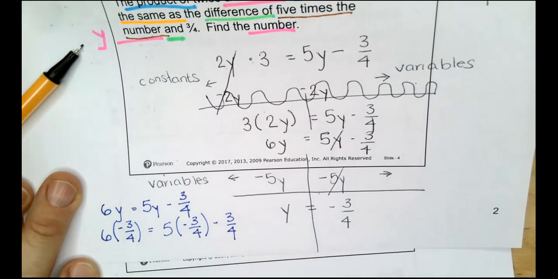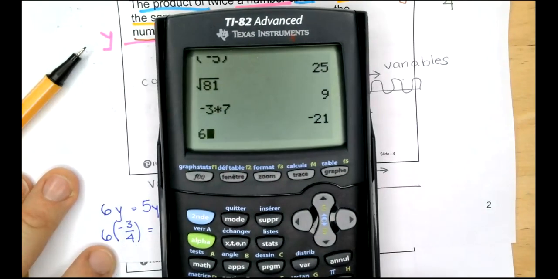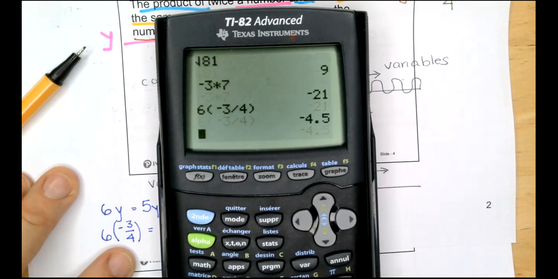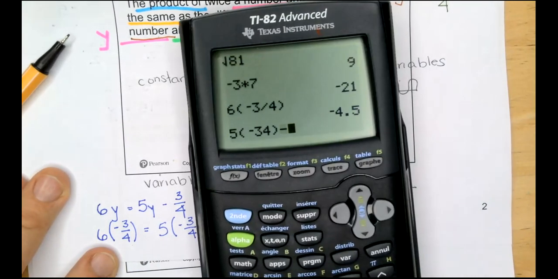The easiest way to check it is in your calculator. 6 times negative 3/4 is going to give me negative 4.5. Then 5 times negative 3/4, but then minus 3/4.